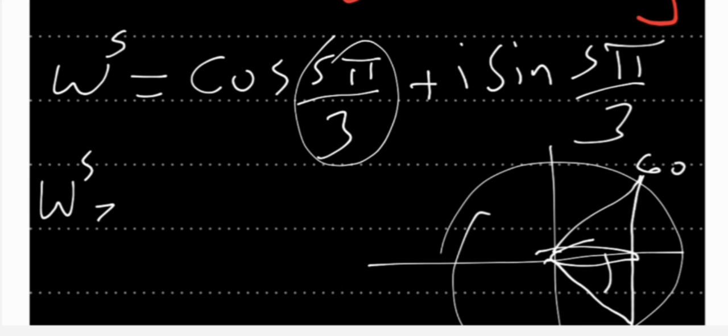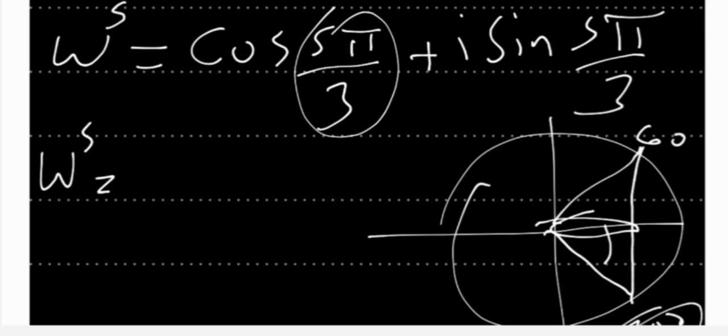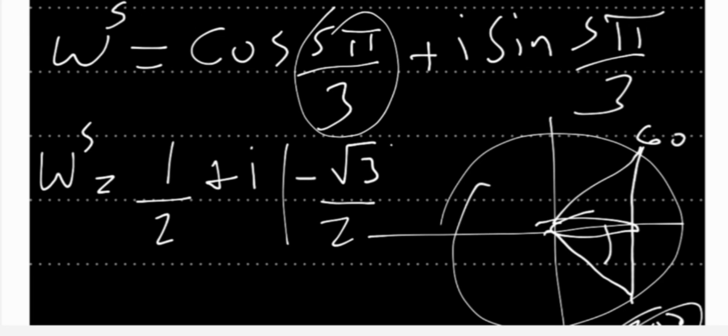So for W to the fifth, we will have cosine of 5pi divided by 3. Well, 5pi divided by 3 has the same cosine as 60, so it is a half, plus i times sine of 5pi divided by 3, which is minus square root of 3 divided by 2.